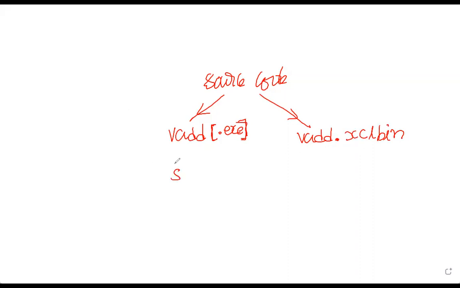So when you give your program for execution, you give VAD this file name. And if you observe the source code, you will see that at some point, you use this file to flash the FPGA. This is the execution process. VAD executes on the host, and this file is used to configure the FPGA.